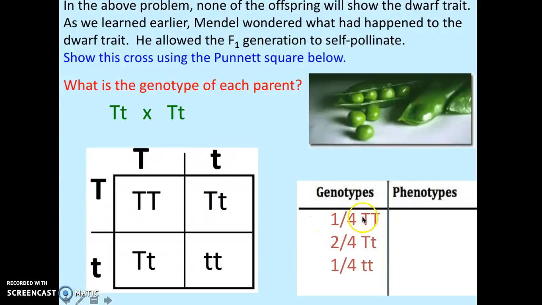With these, anything that's going to see that big T, that tall allele, is going to be tall. So we have 3/4 tall for our phenotype and 1/4 short. The 1/4 short only appears because both of these are the heterozygous trait.